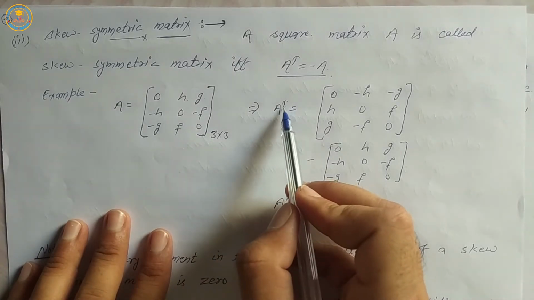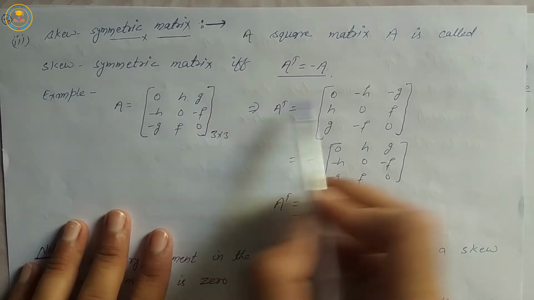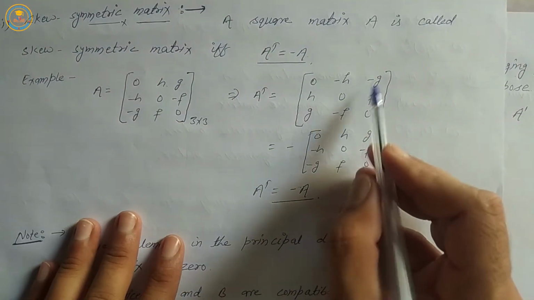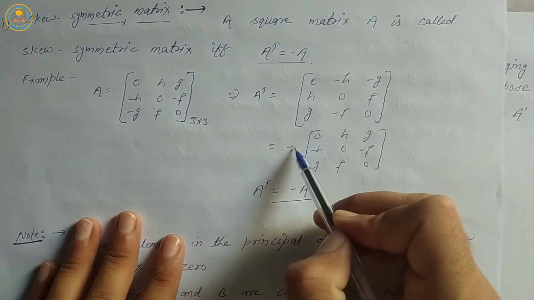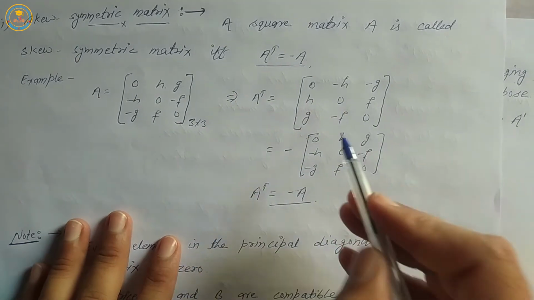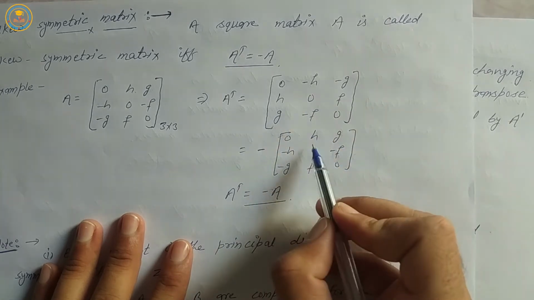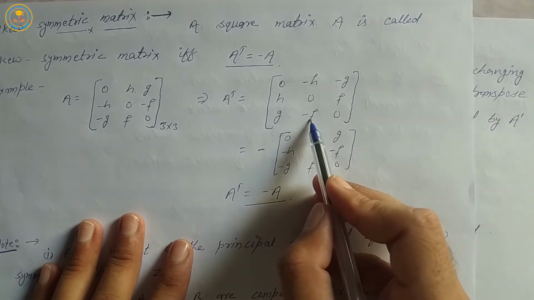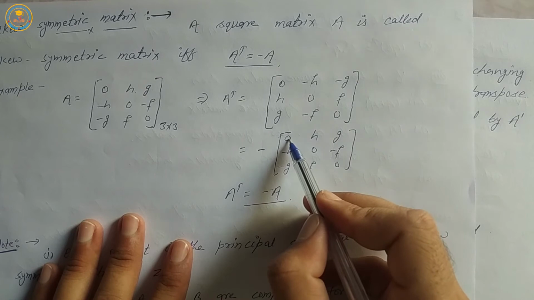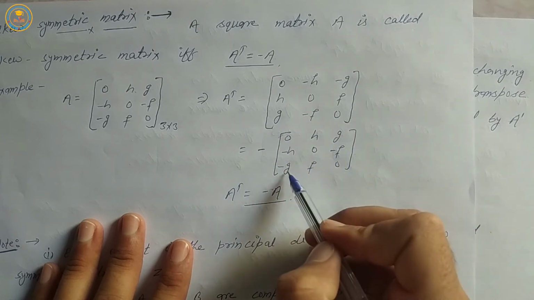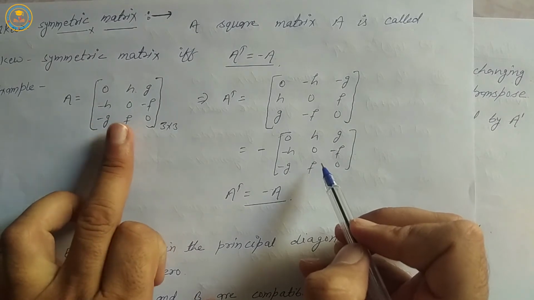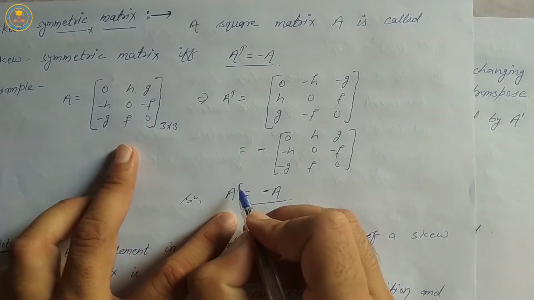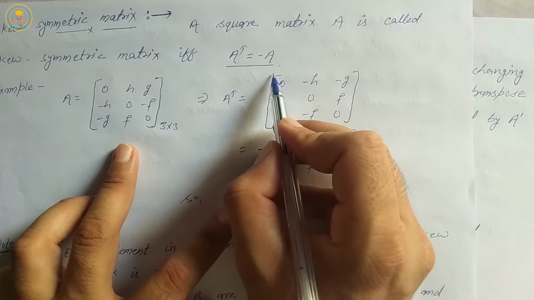A^T is obtained by interchanging rows and columns: [0, -H, -G; H, 0, -F; G, F, 0], which is equal to minus A. It means A^T is equal to minus A.